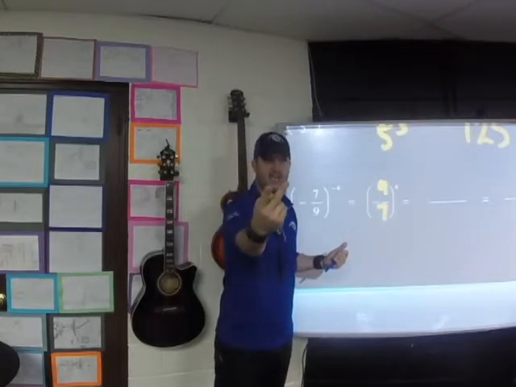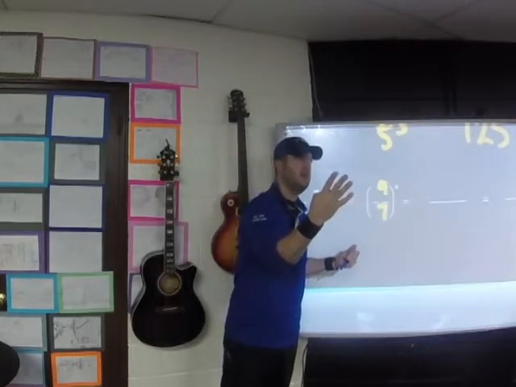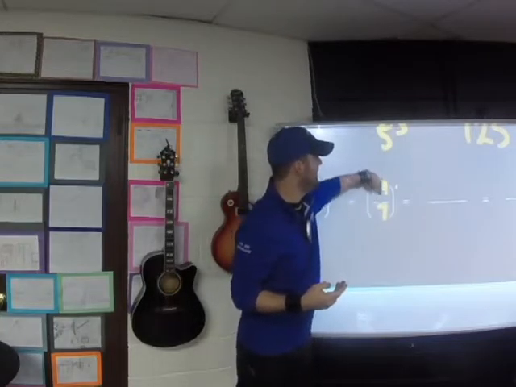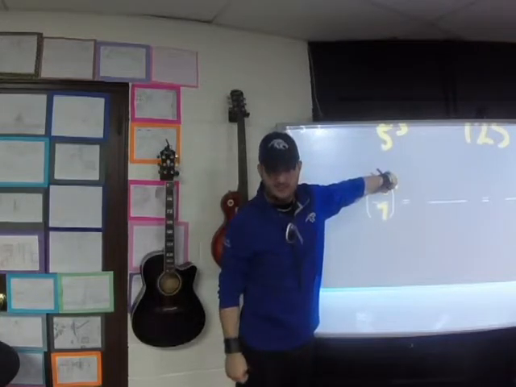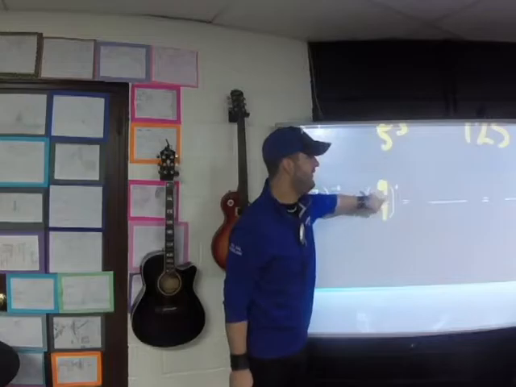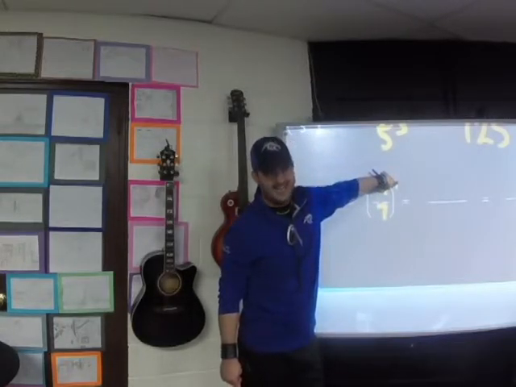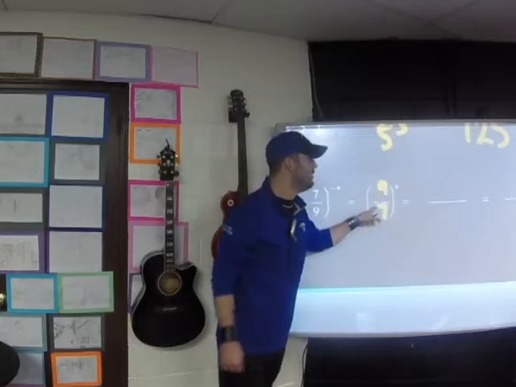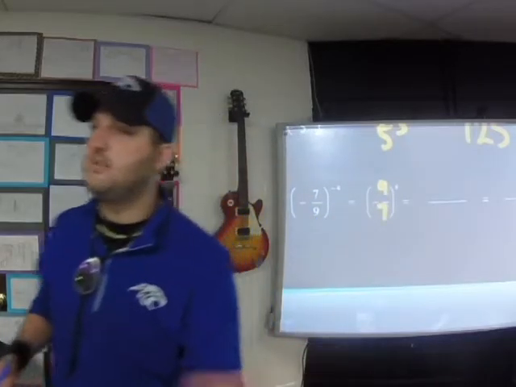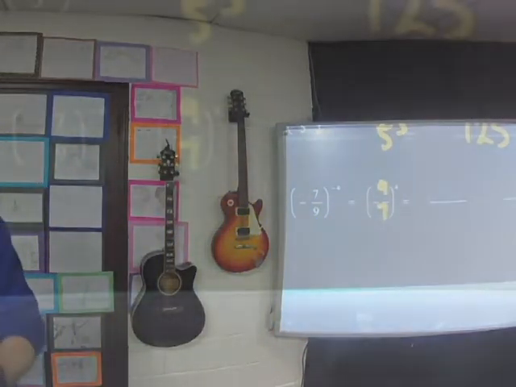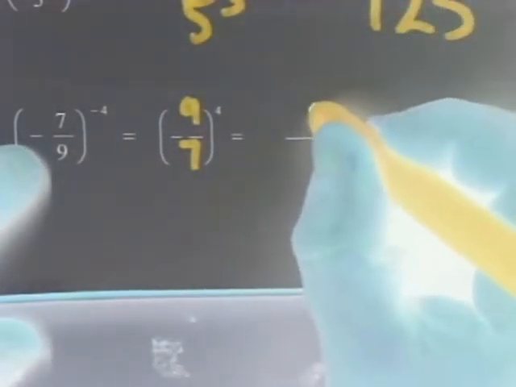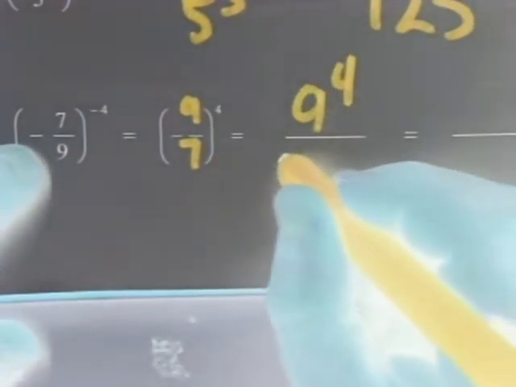So negative times negative times negative times negative, it's still positive. So anytime you have a negative number to an even exponent, it goes positive. If you have a negative number to an odd exponent, what happens? Stays negative. So look out for that. This one's going to end up being positive. An even exponent will always be positive. So let's just make it positive 9 to the 4th and 7 to the 4th.